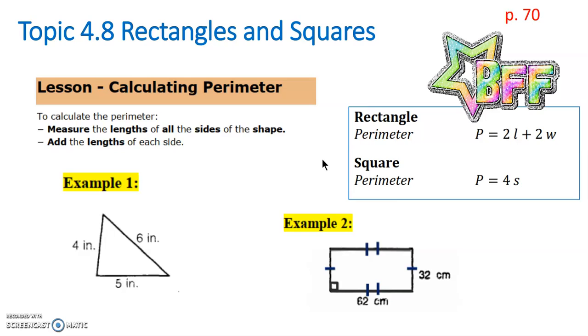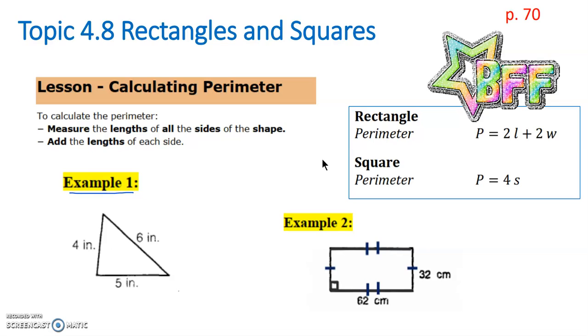So we have a formula for perimeter of a rectangle and a different formula for perimeter of a square. And so if we have a regular shape, such as a rectangle or square, we can use the formula. If we have an irregular shape, we can simply measure all the sides of the shape and add each side. So for example 1, we have a triangle.